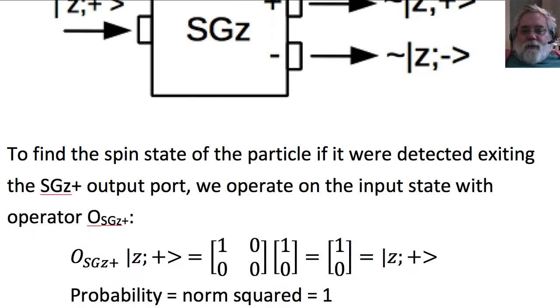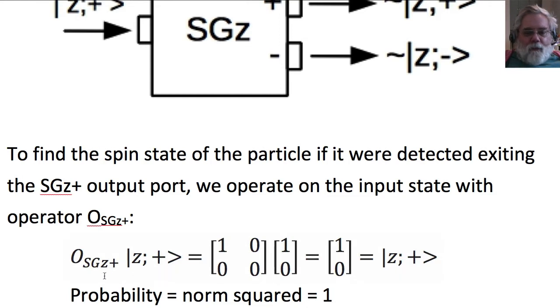To find the spin state of the particle if it were detected exiting the SGZ plus output port, we operate on the input state. Now the input state is Z plus, so column vector 1, 0. We operate on that with the projector operator SGZ plus.